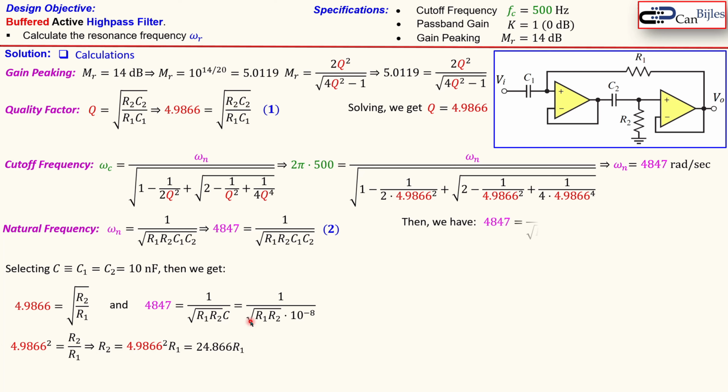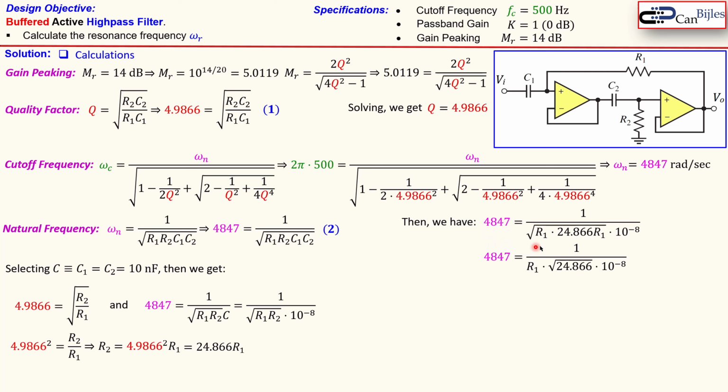So let's do that. So we substitute here the R2 here using this expression. So we leave the R1 and we replace the R2 here by 24.866 times R1. And now you see in this expression that you have only one unknown, which is R1. Now you see here R1 times R1 in the square root, so it will be then R1 squared. So we can take out that from the square root.